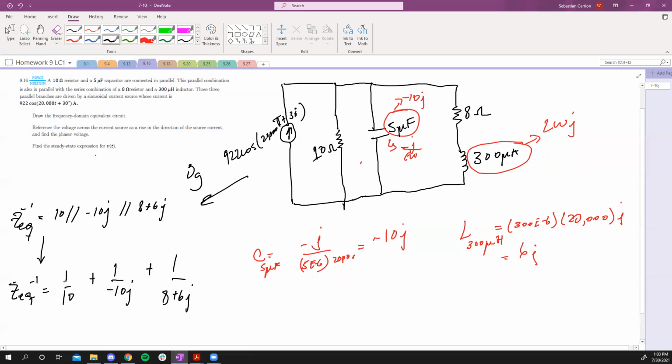I'm not really going to do the math here, but the equivalent would be 90 over 17 minus 20 over 17j.